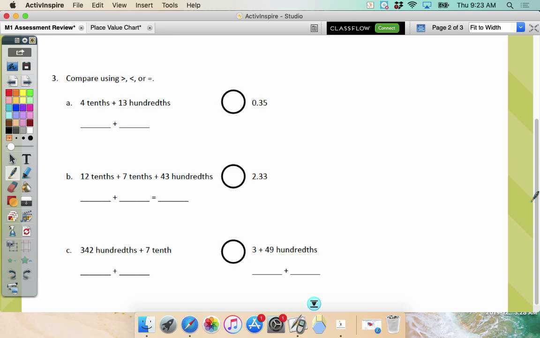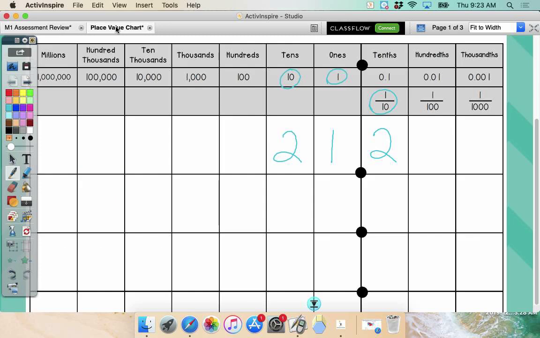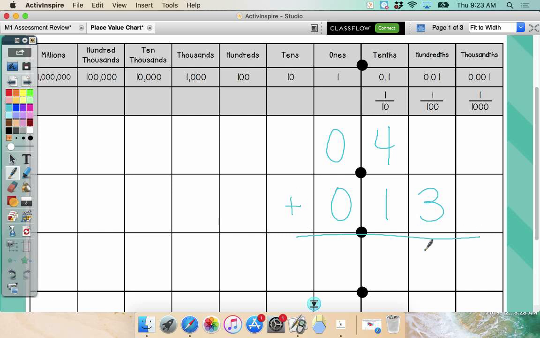So 4 tenths plus 13 hundredths. I have to write those in standard form. So tell me how to write 4 tenths, Alan. 0.4. And 13 hundredths, Fernanda. Good. Now I'm going to my place value chart and I'm going to put those on there. So 4 tenths, 13 hundredths, add it up.